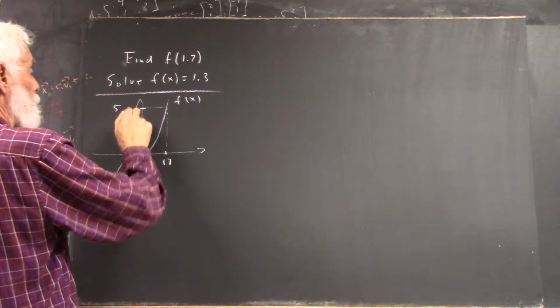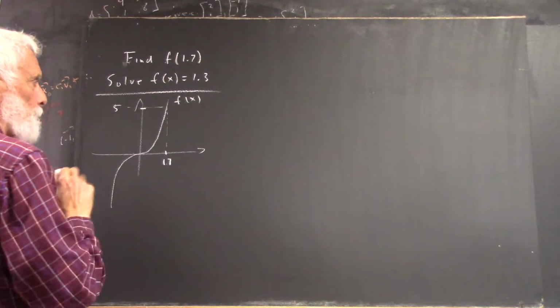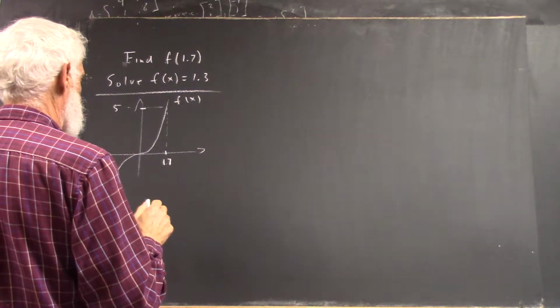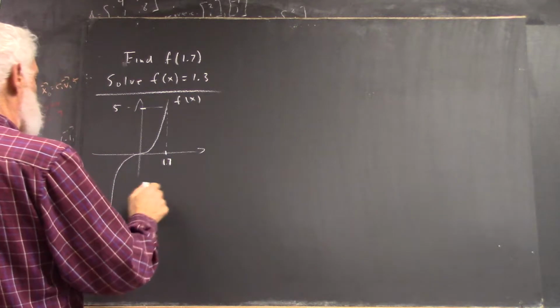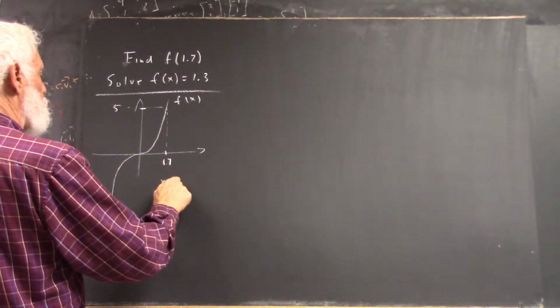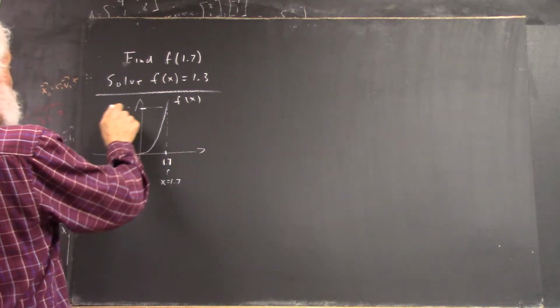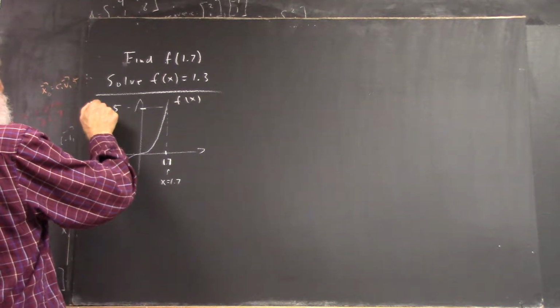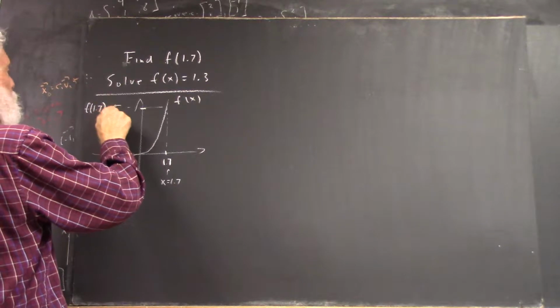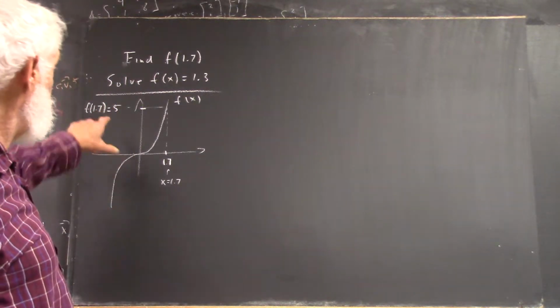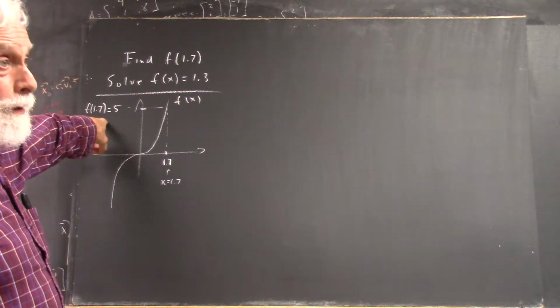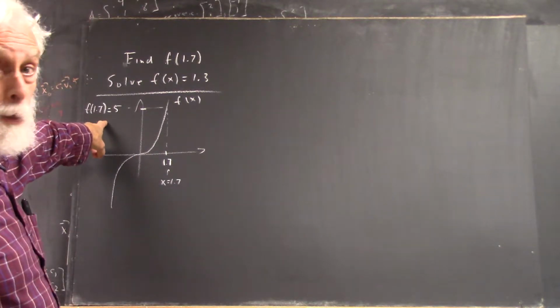Well, you can put the 5 here, and it's pretty clear that I know that, but you still haven't completely documented it. Okay? So this is your x equals 1.7 represented by this point, right? This is then f of 1.7 equals 5, and all of a sudden it's documented in a way that I see clearly that you know what this all means, right?